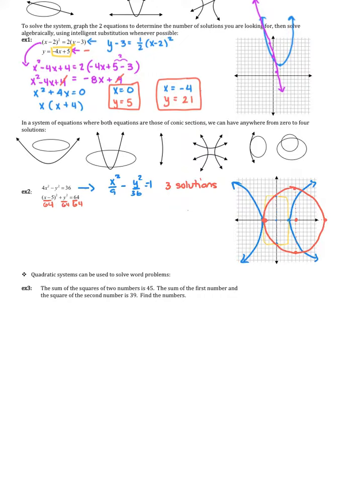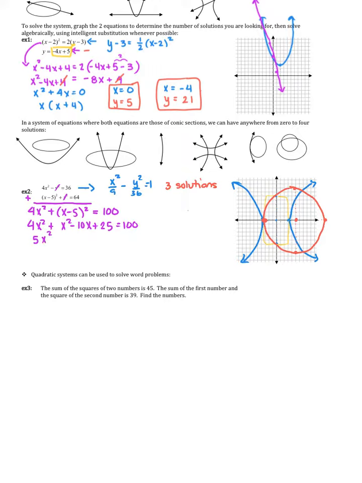When I look at these two equations, I see lots of different things, but I see that my y squared terms are isolated and opposite. So I'm going to add the two equations together. So I have 4x squared plus x minus 5 squared. The y terms will cancel, and this will equal 100. And so I have 4x squared plus x squared minus 10x plus 25 equals 100.